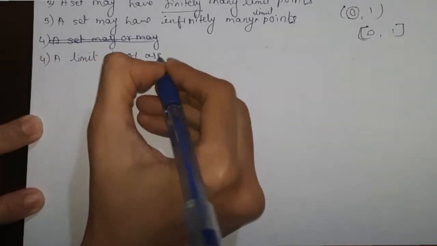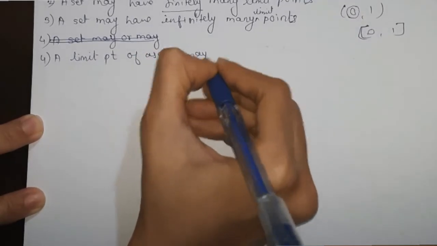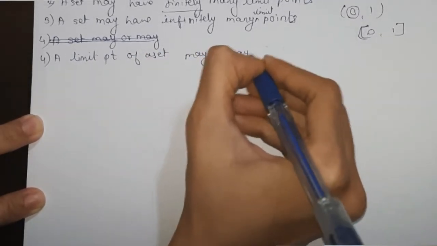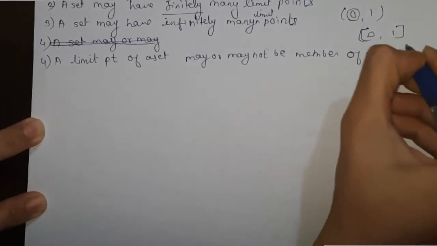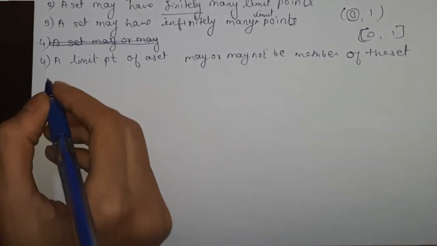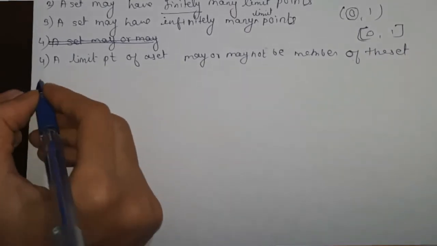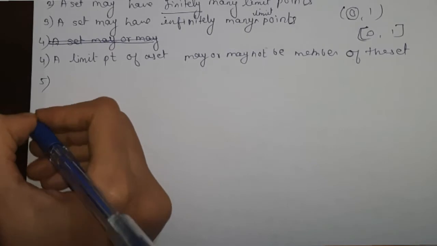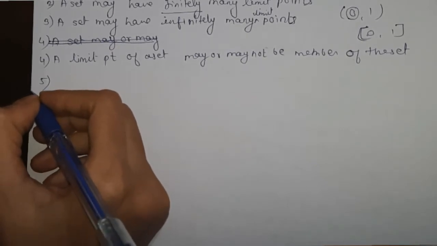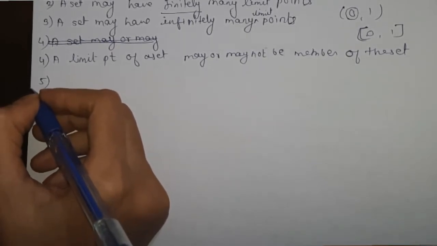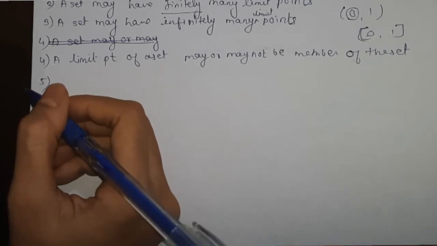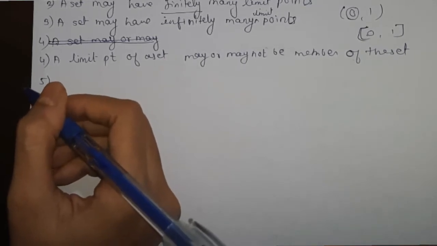Now next, the set of limit points depends upon the underlying metric of the space. This means we have studied the usual metric, the Euclidean metric.